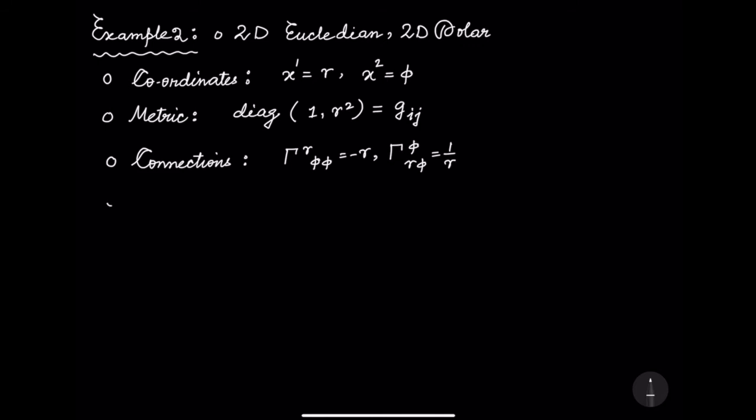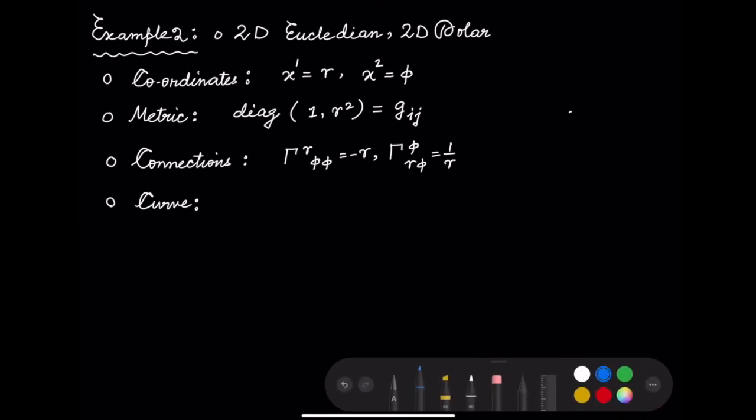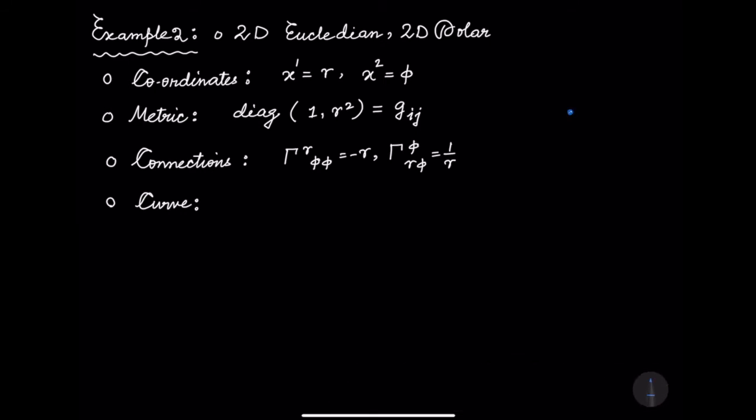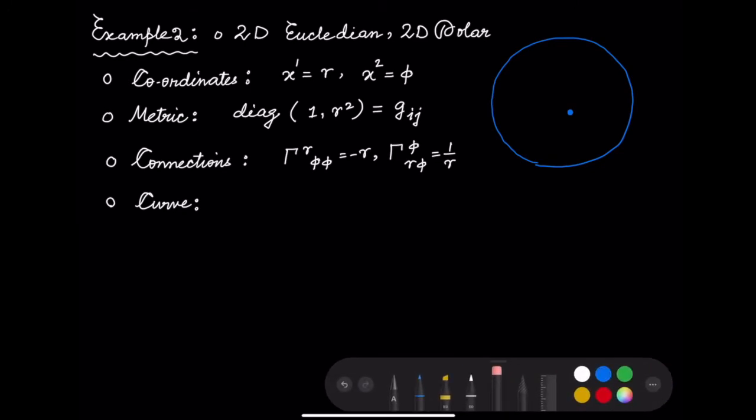Now we have to consider a curve, and it's better to draw the curve first before explaining what we are going to do. So let me draw the curve. This is the center of the 2D polar system, and the curve is nothing but a line where r remains constant. My center has to be shifted because my drawing was not proper.